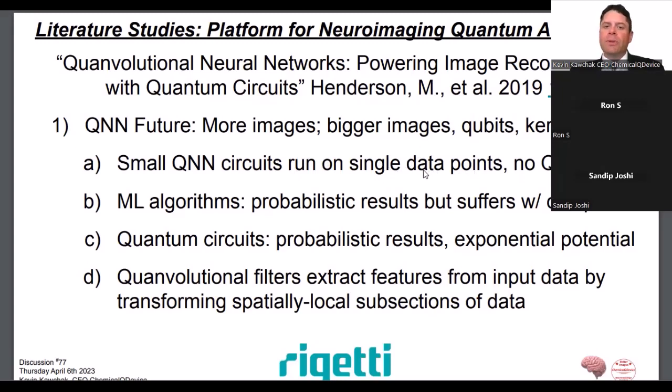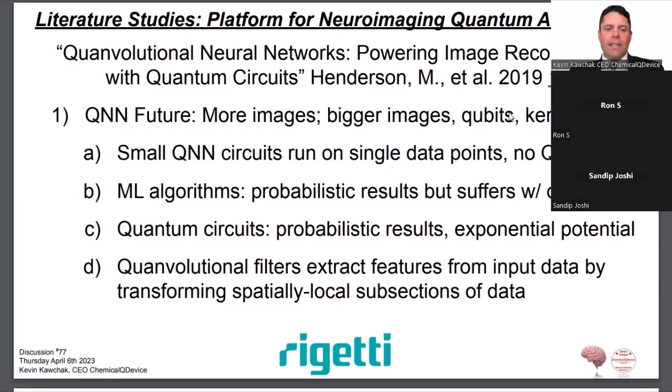In that specific case, it's not taking up a lot of what would be QRAM, so that's a key thing. ML algorithms are probabilistic but suffer with compute, the energy of computing these. Then with quantum circuits, you've heard these things like bidirectional, probabilistic, and exponential potential.